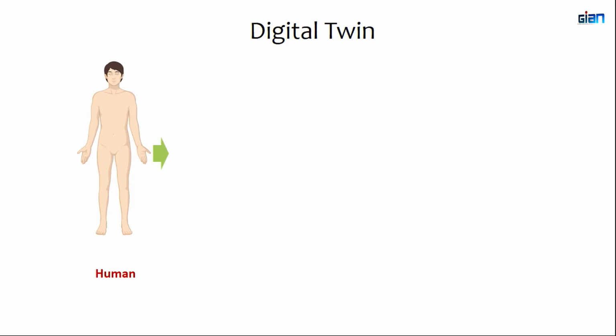Ideally, for personalized treatment and precision medicine, we want to be able to know what will happen to the patient if you give treatment A, if you give treatment B, or if you give a combination of A and B. There can be many different permutations and combinations.